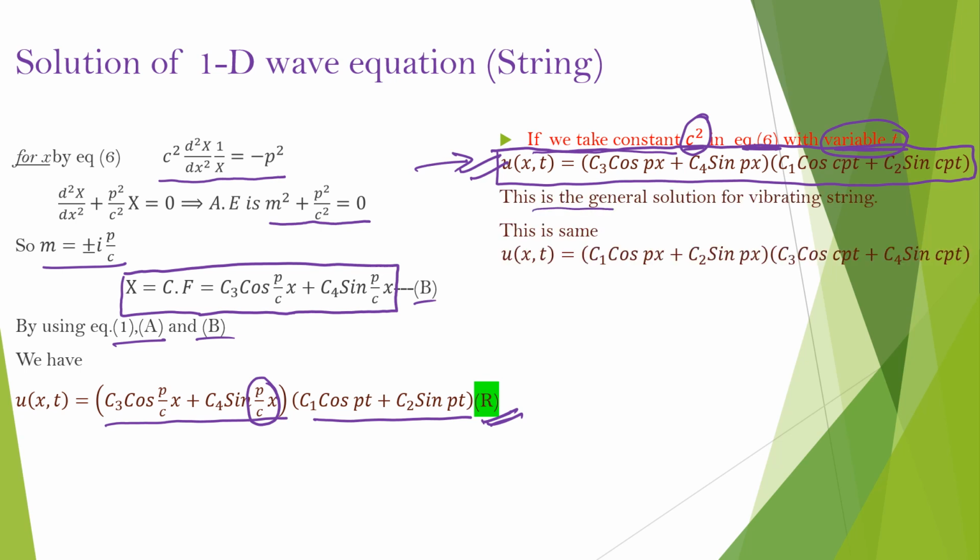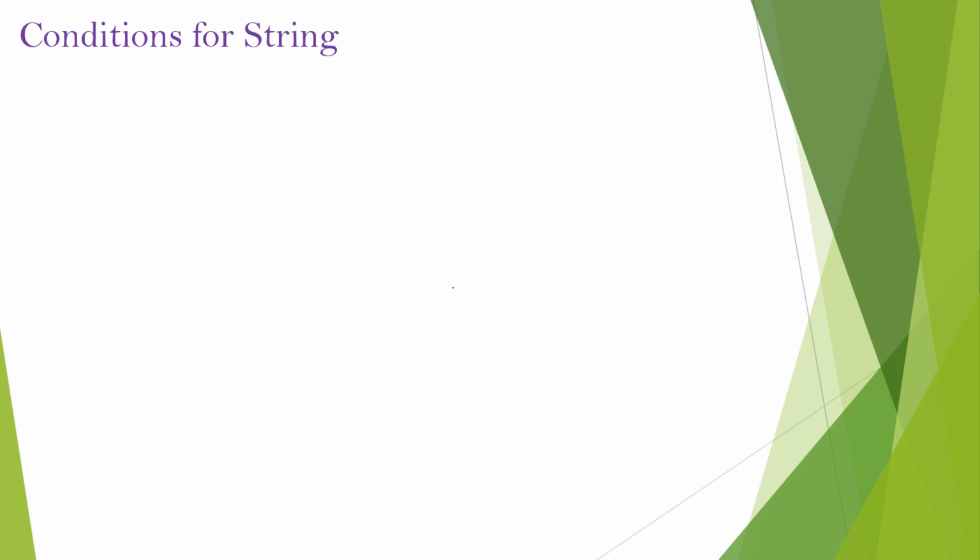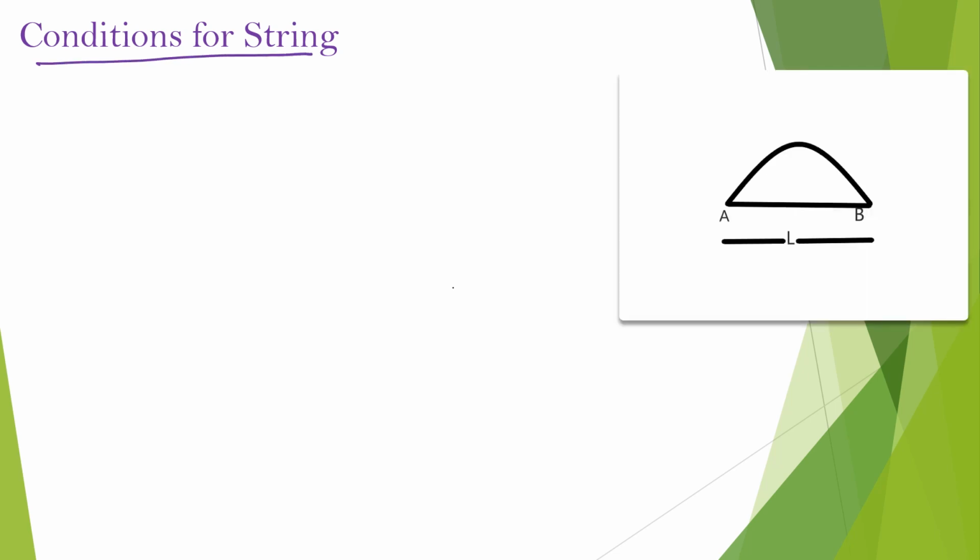Now this is the general solution for the vibrating string. Next, the conditions for the string. There are a few boundary conditions. This is the representation of the string. If we tightly stretch the string between points A and B and give a displacement from a point D, then the system will start vibrating.